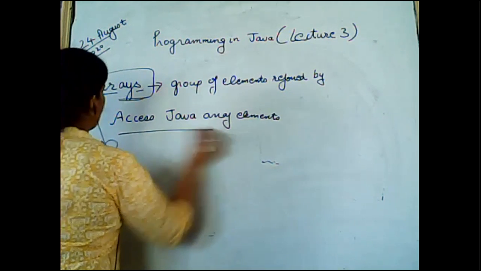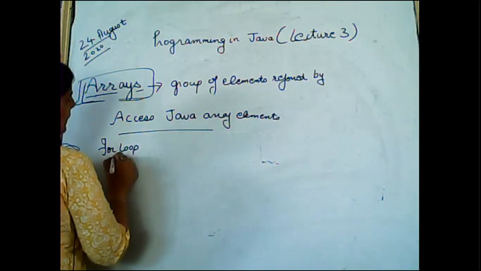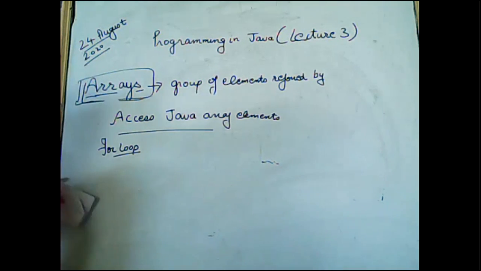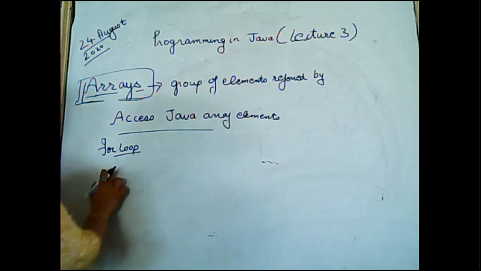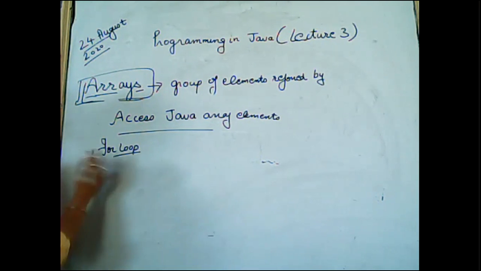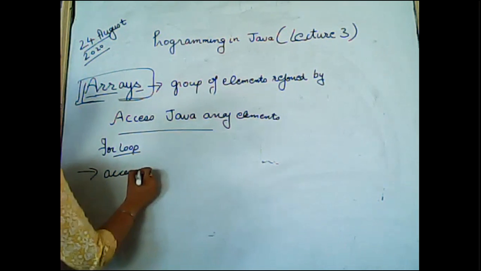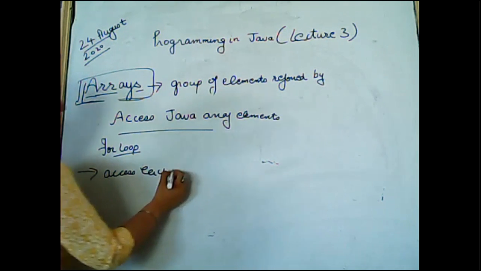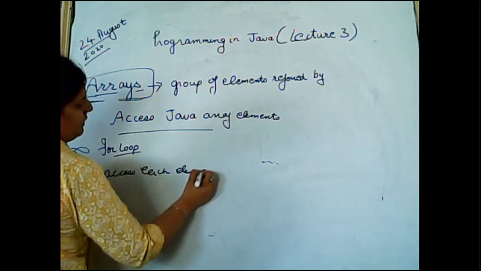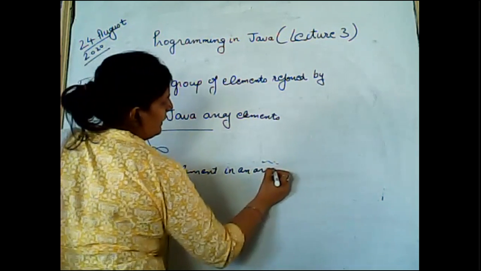For this we require a for loop. As you know, a loop is the only way by which we can access all the array elements. So we can use the concept of a for loop here. Each element in an array is accessed using the index.